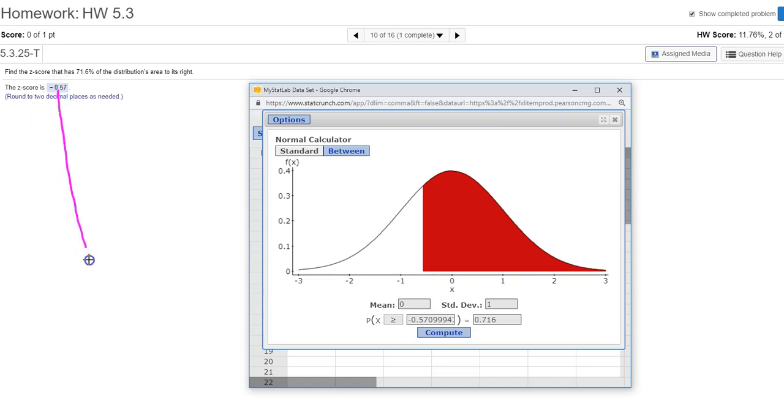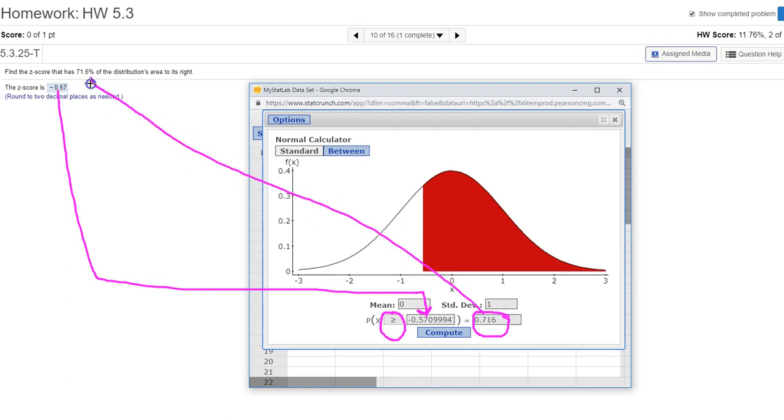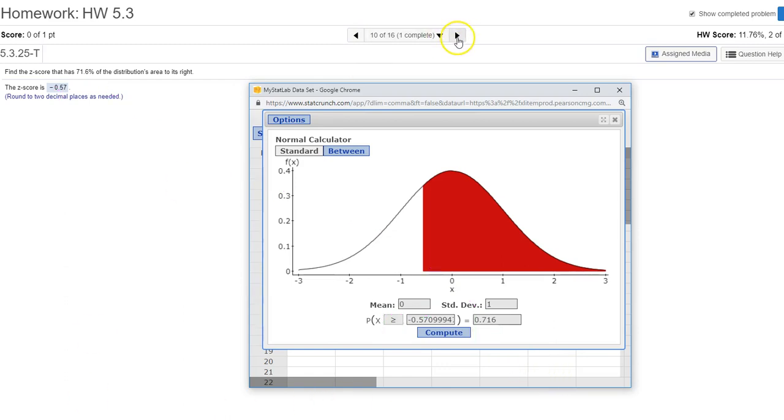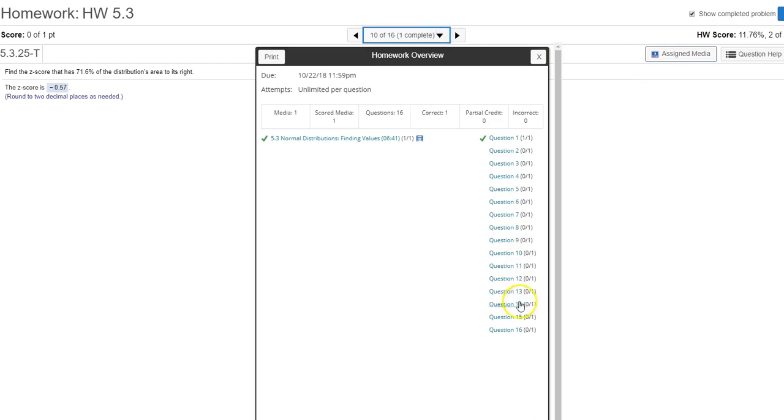I'm going to go ahead and match my z-score, simply area to the right. So you have to make sure not only that you have the right inequality, but also the right percentage. 71.6 changed into decimal is 0.716. Okay? All right. Moving on to problem number 12.